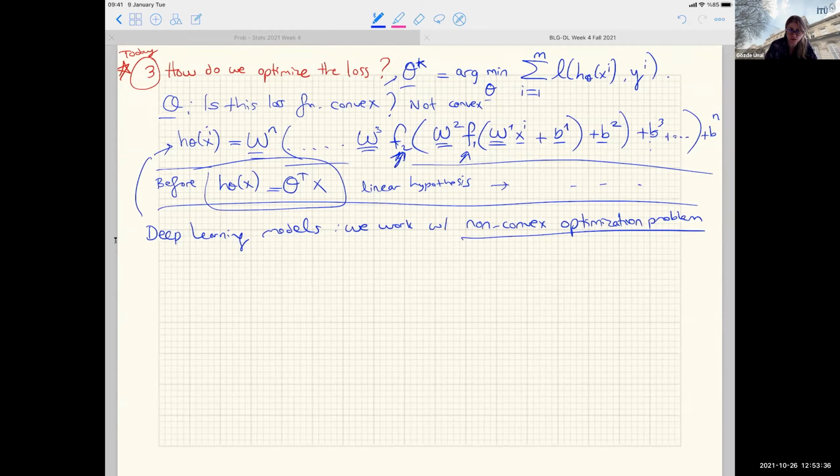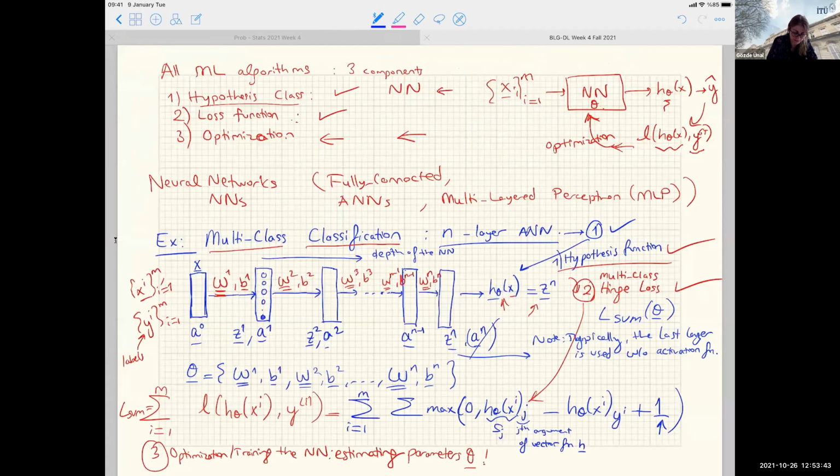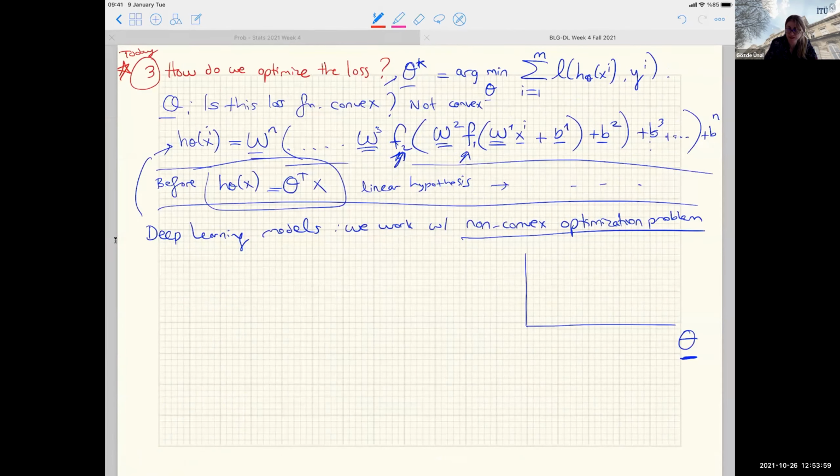With theta in a high dimensional space, you see I've already stacked my theta into these many parameters. Currently there are all these deep models with maybe billions of parameters. So this is a very high dimensional space, millions, hundreds of millions or billions of them.